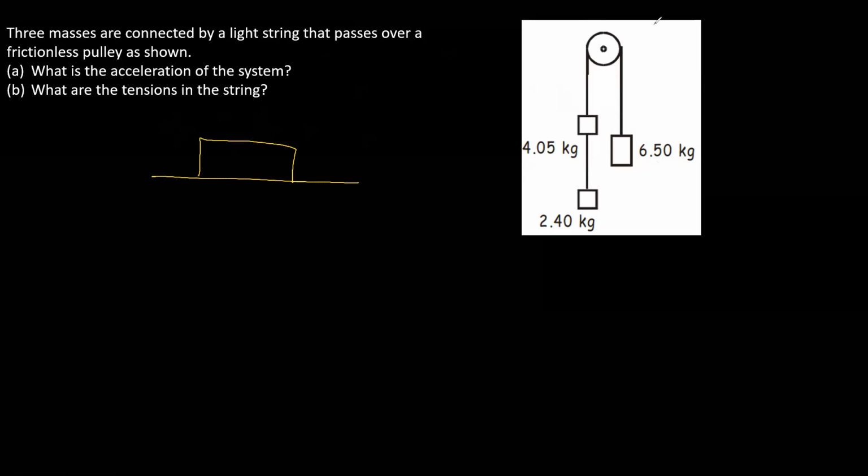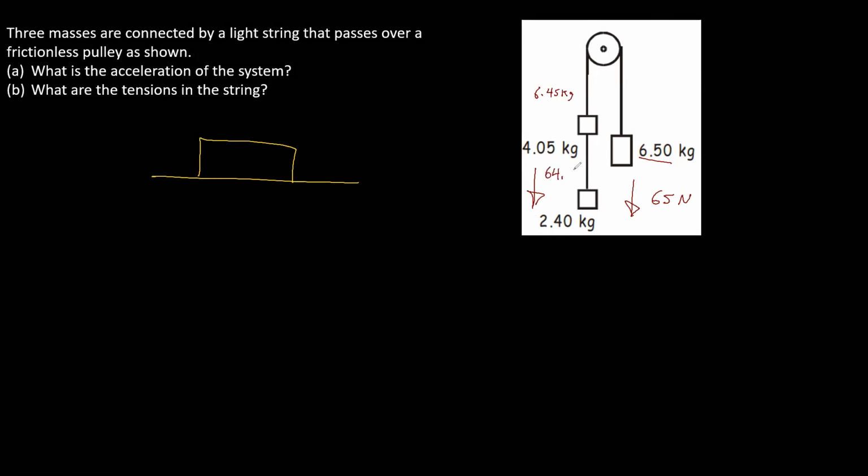This side of the system has 65 newtons pulling down because mass times 10. This side is going to have a total mass of 6.45 kilograms, which means it'll have 64.5 newtons pulling down. So that's pretty close to the same mass on each side. I should expect to get a fairly small acceleration.